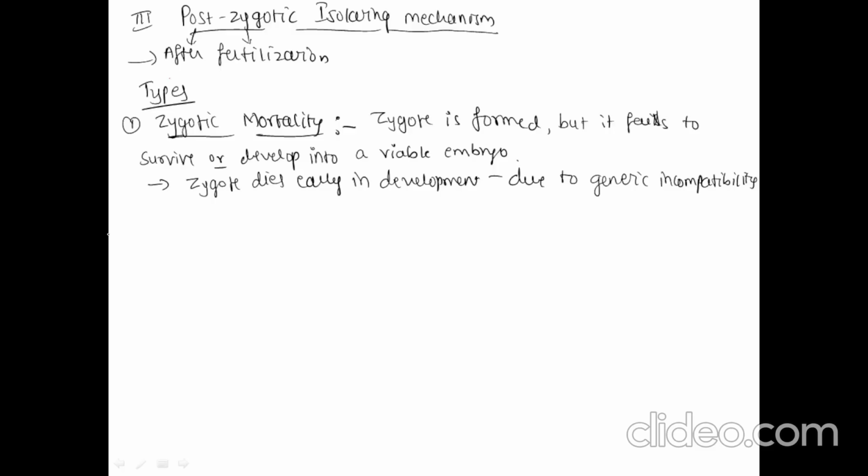The second type of post-zygotic isolating mechanism is hybrid inviability. In this, development of the zygote proceeds normally and the hybrid is produced, but this hybrid does not survive.